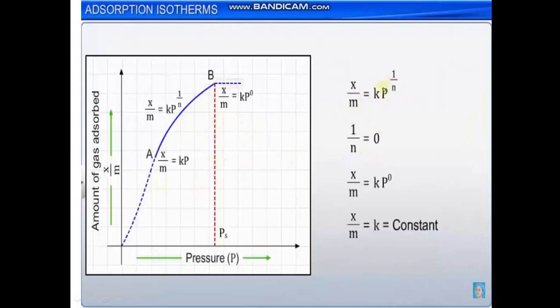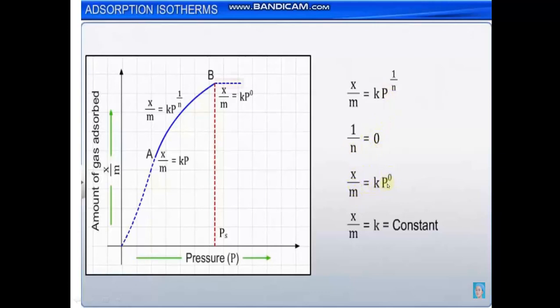If the value of 1 by n is 0, as at point B, then X upon M is equal to K P raised to the power 0.